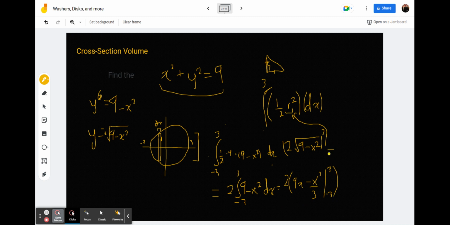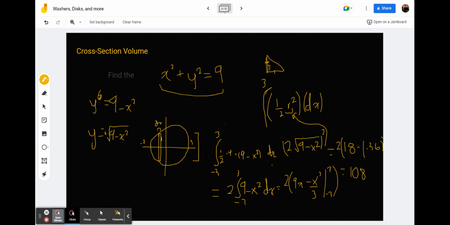And from there, we'll get something like, the first one will be 27 minus 9, 18, minus -27 minus 9. It's going to be minus 36. So if we evaluate this, what we're going to get is 108 as our volume.